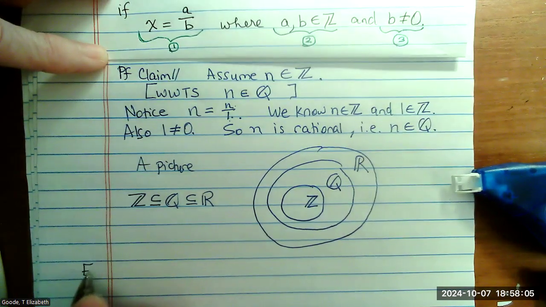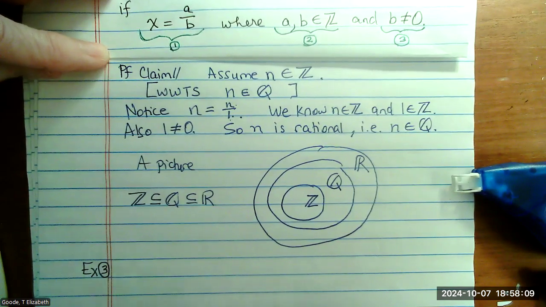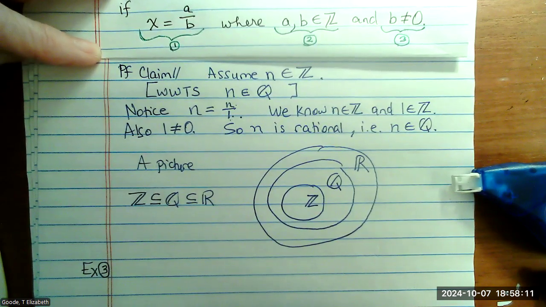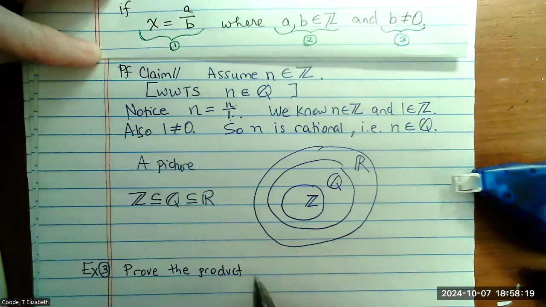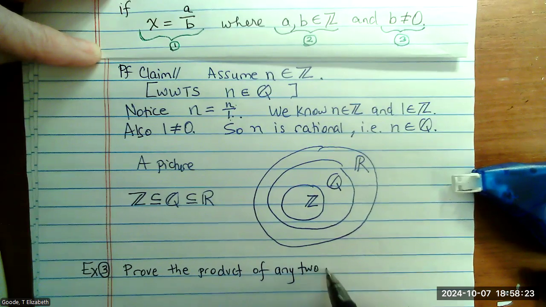Here's example 3. Prove the product of any two rational numbers is rational.